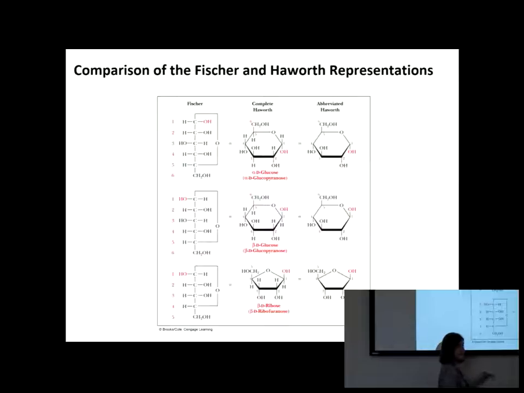Hexose means it's 6, and aldo means this first one is the carbonyl. Then right, left, right, right. And then the last one is just CH2OH. There's no direction to it because it's not chiral. So that's how you're going to remember.